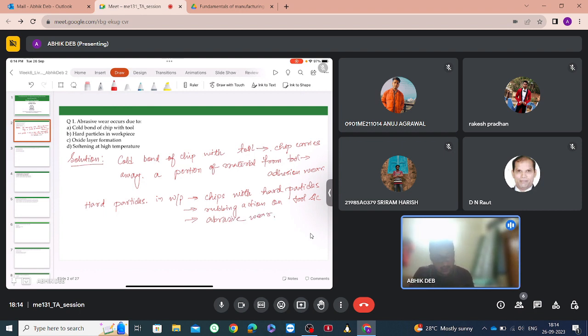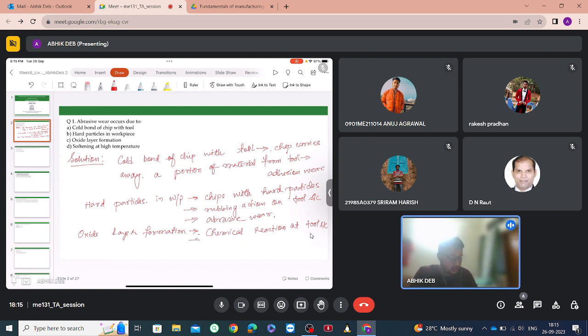Then oxide layer formation. How does this form? Oxide layer formation happens due to chemical reaction between the tool and the workpiece. This process entirely happens at an elevated temperature. At that elevated temperature, there might be some chemical reaction happening at the tool surface, resulting in formation of oxides.